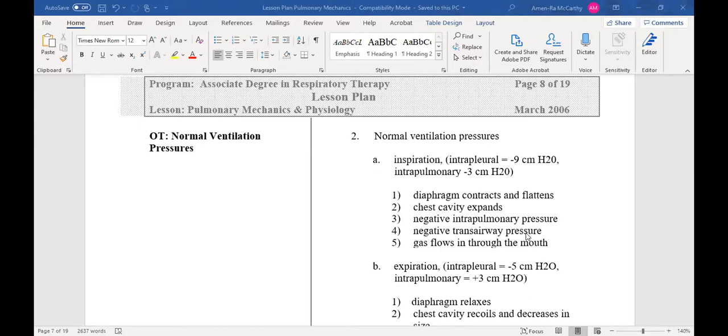So in the lungs, when we inspire, the intrapleural pressure becomes -9, and the intrapulmonary pressure becomes about -3. What else happens? The diaphragm contracts and flattens. The chest cavity expands. You have a negative intrapulmonary pressure, a negative trans-airway pressure, so gas has no choice but to flow in through the mouth.